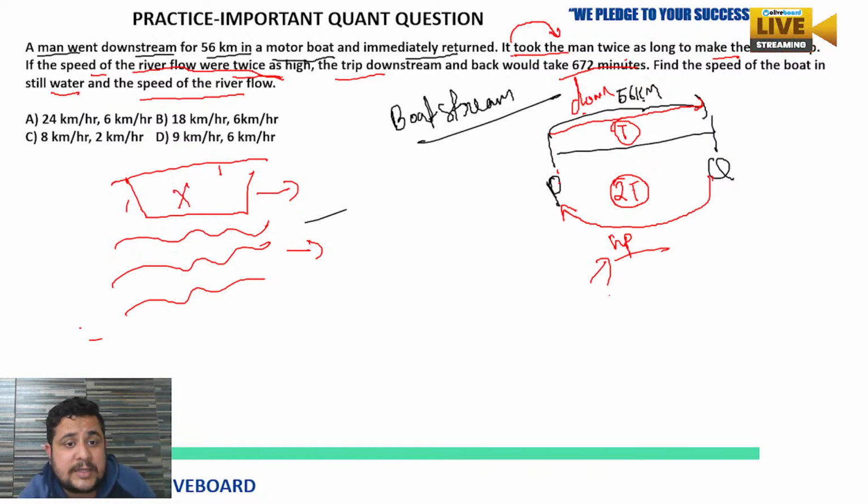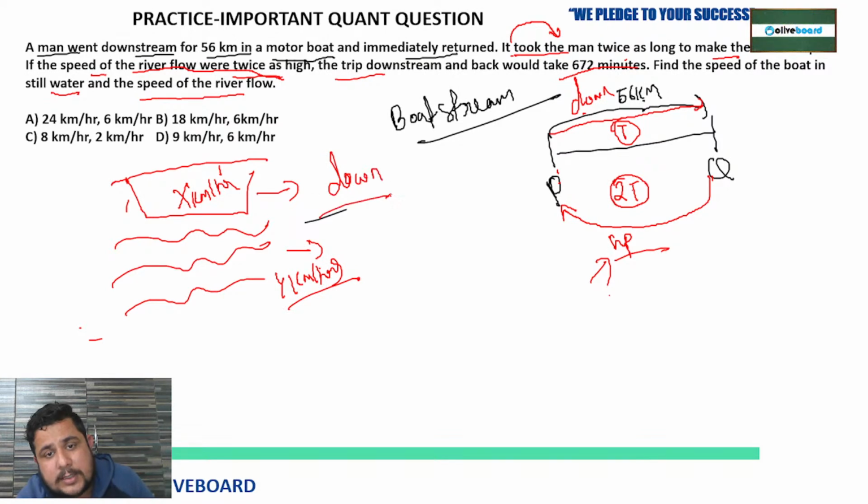I am assuming that the speed of the boat is x kilometer per hour and the speed of the stream is y kilometer per hour. When they move in the same direction, in downstream, the relative speed of the boat is the sum of their speeds: speed of boat in still water plus speed of the river, x plus y.